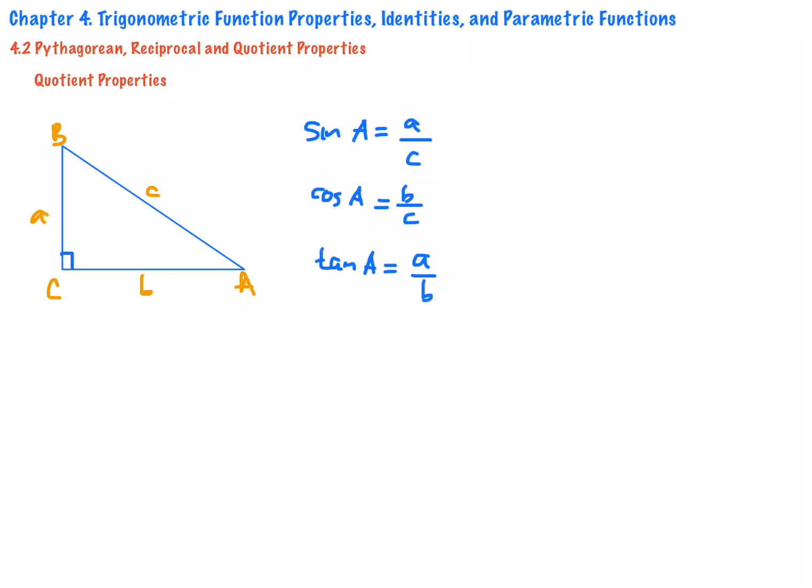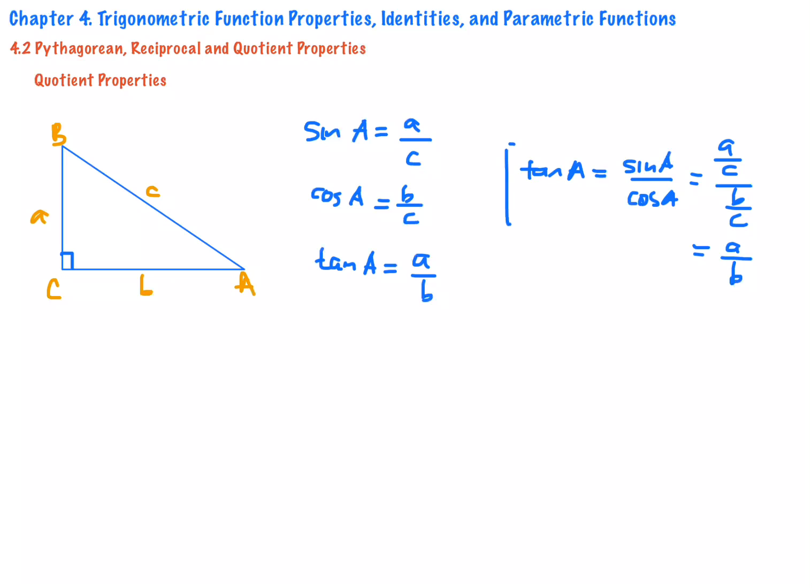Why? Because when you try to have tangent a, you can put it this way: tangent a equal to sine a over cos a, and cross check if the value is the same, a over c over b over c. Apparently it is a over b, so that is the tangent, the proportion of the opposite length divided by the adjacent length.